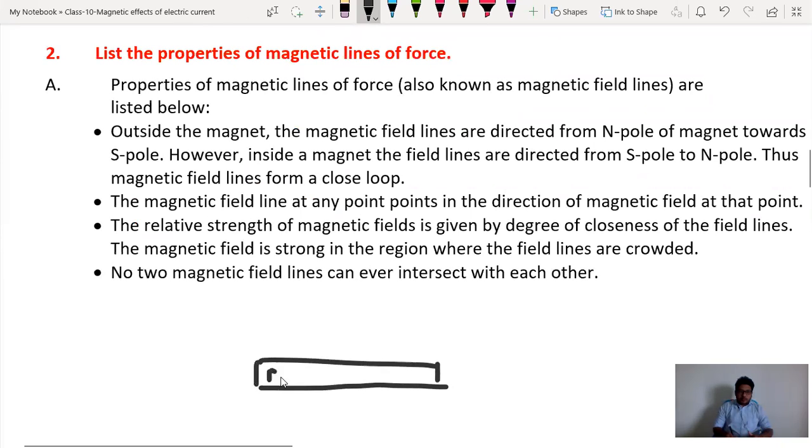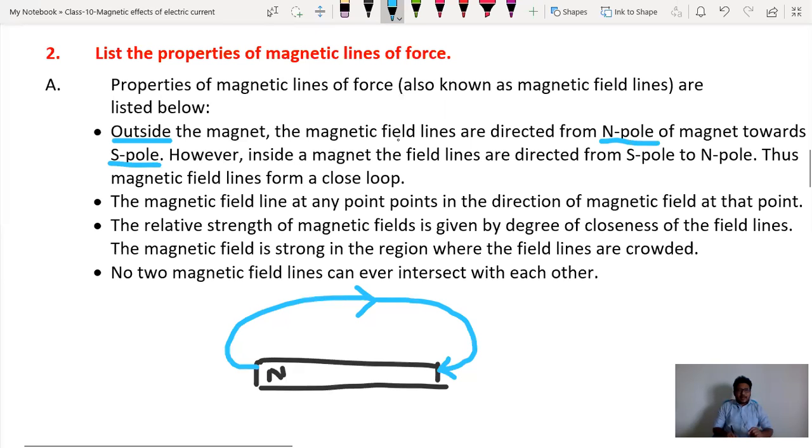Consider this is north pole. From north pole, this magnetic field line will emerge, will start, and it will travel towards south pole and it will enter here. So direction should be like this. So from this we can say outside, magnetic field lines are from north pole to south pole.